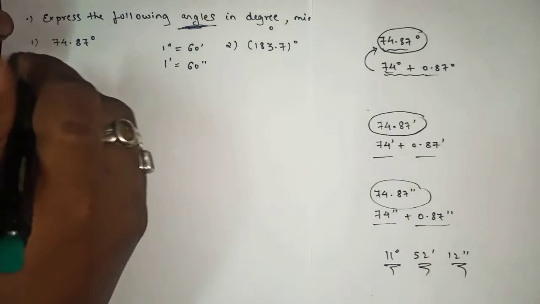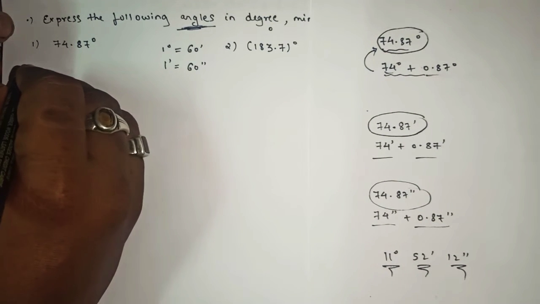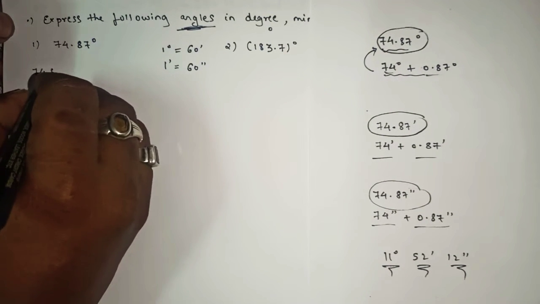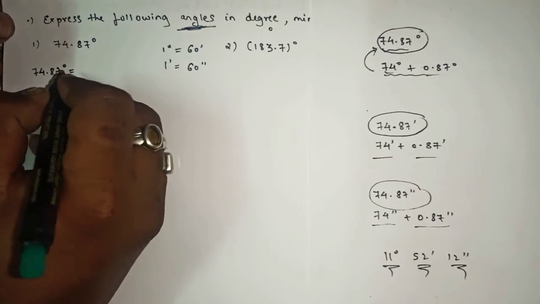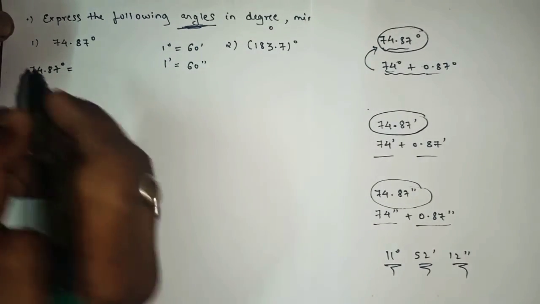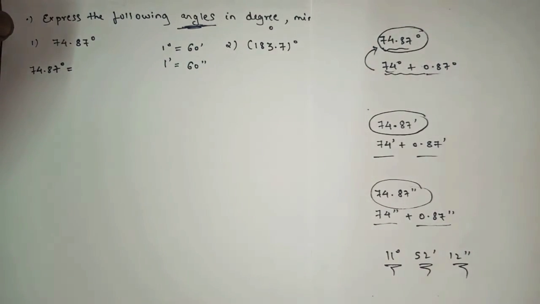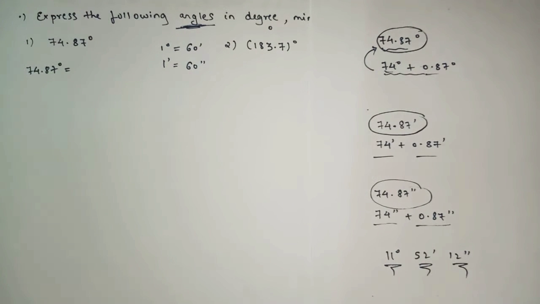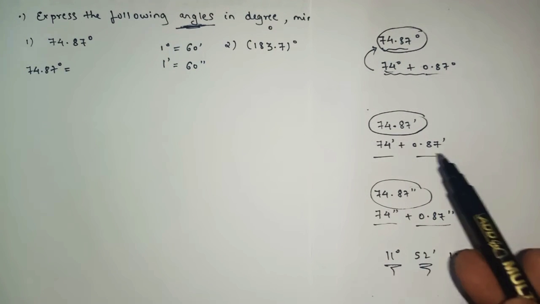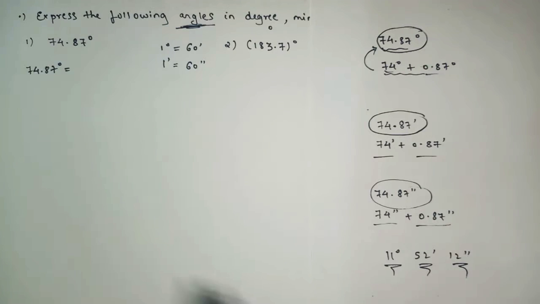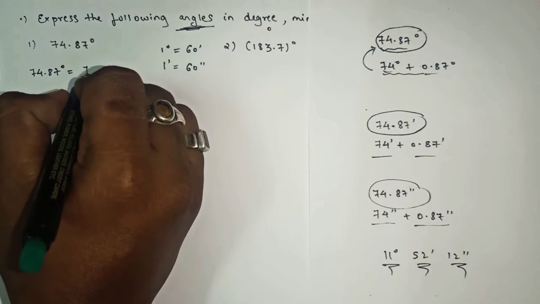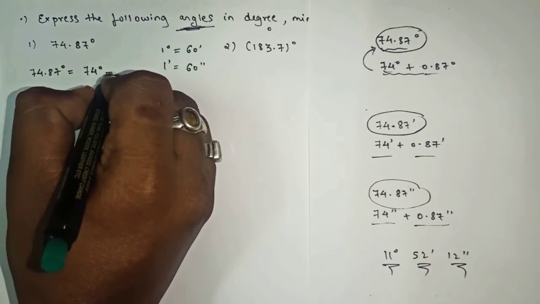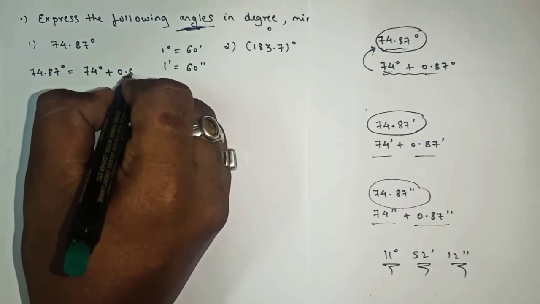Here, 74.87 degree is itself in decimal, so we have to avoid the decimal for degree as well as for minute and second. The first step is to write this as 74 degree plus 0.87 degree.